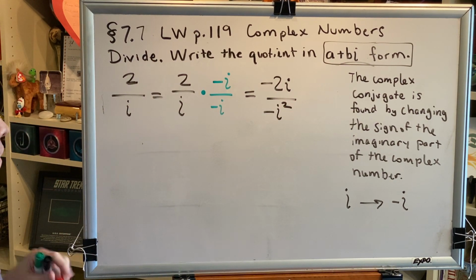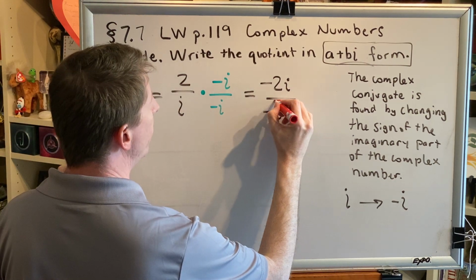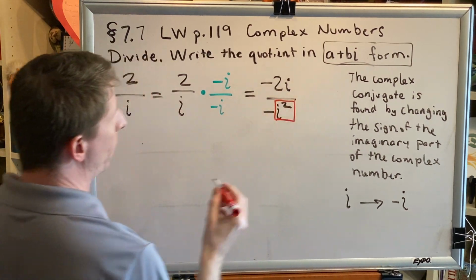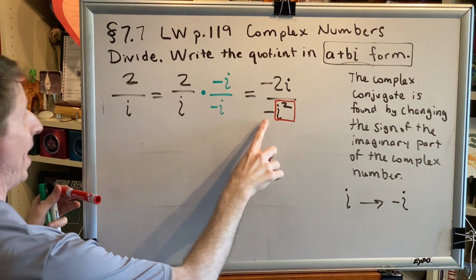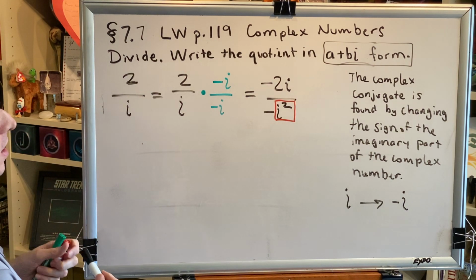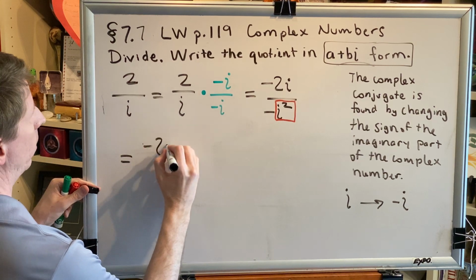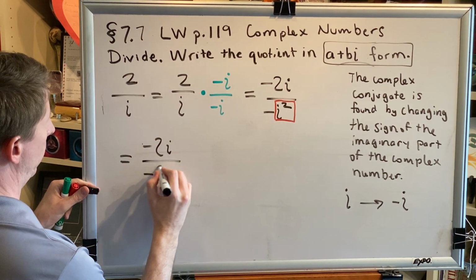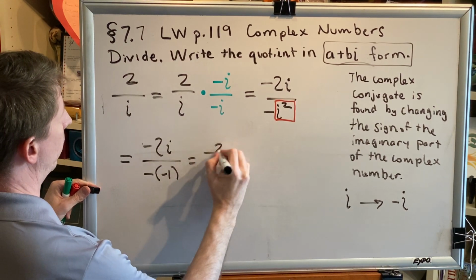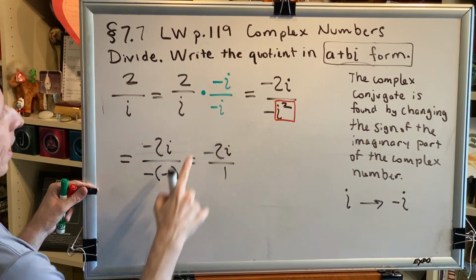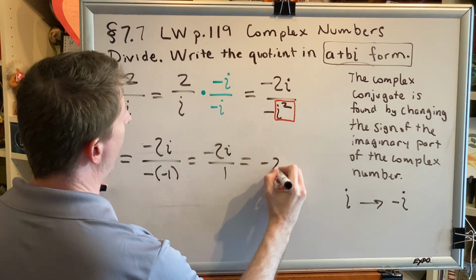Now this is where you want to be very careful. i squared is the number negative 1. So negative i squared would be the number positive 1. And anything divided by 1 is itself, so we get negative 2i.